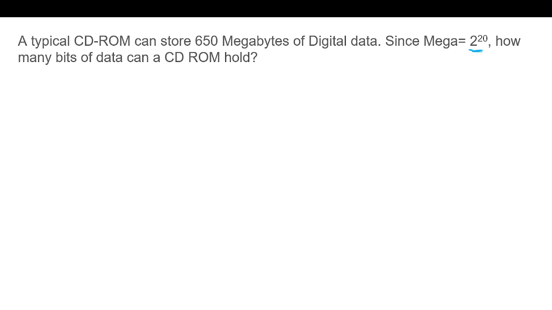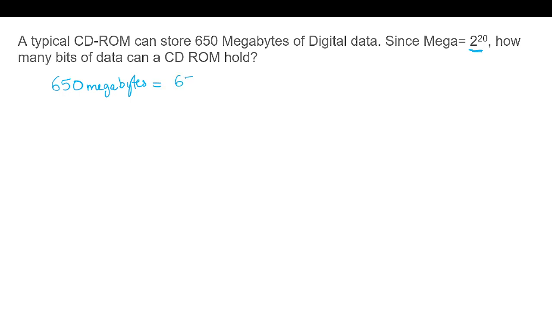A typical CD-ROM can store 650 megabytes of digital data. Since mega is 2 to the power 20, how many bits of data can a CD-ROM hold? It is given that it has 650 megabytes.